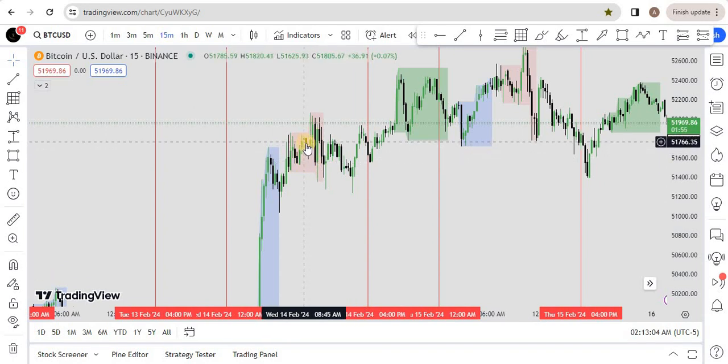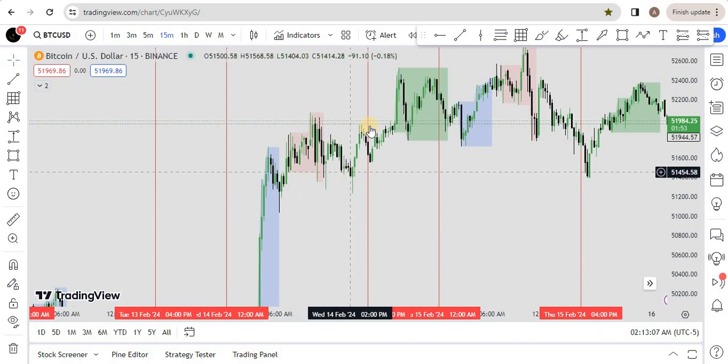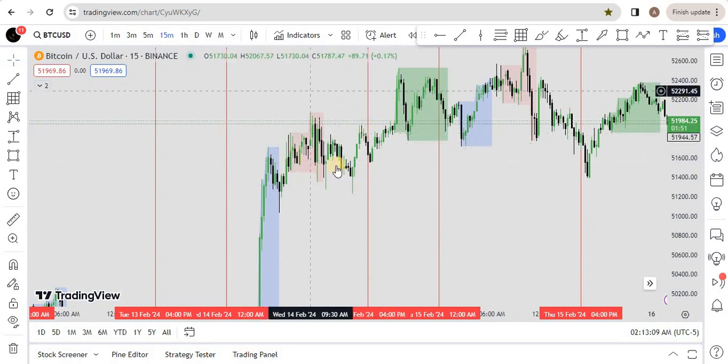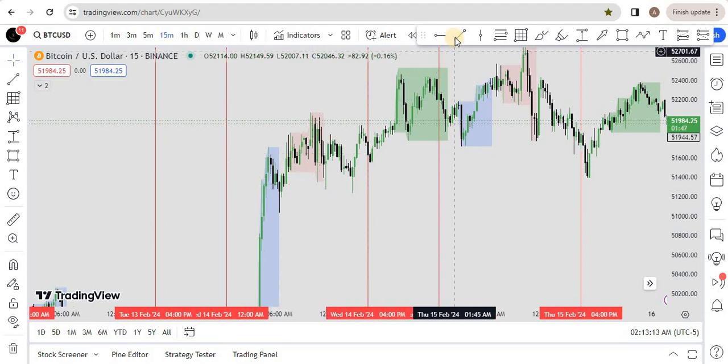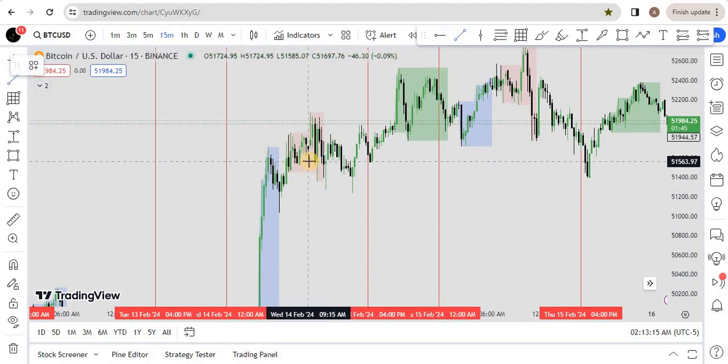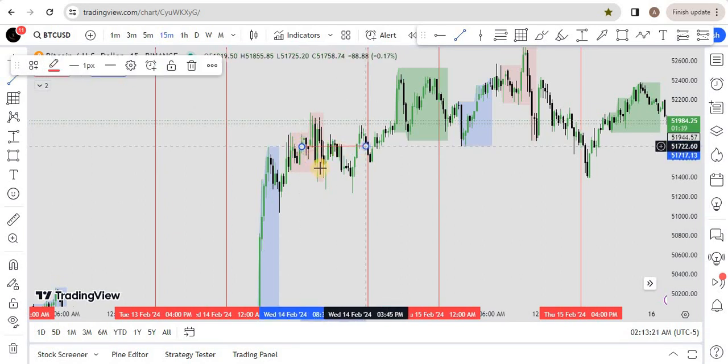Even at 8:30 price comes downside and gives us a reaction, but the market is very choppy, might be your stop loss hit or something, but the thing is 8:30 does come to the downside and go to the upside, but the market is choppy.